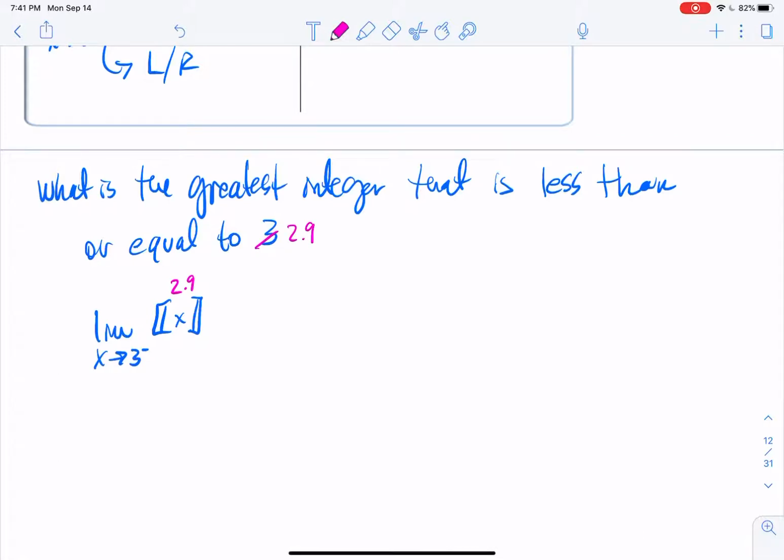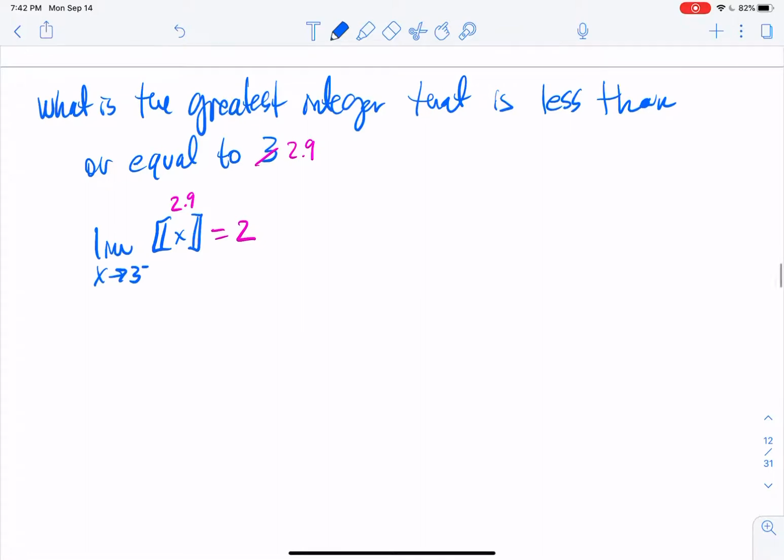What is the greatest integer that is less than or equal to 2.9? It's not 3, it's 2. Because 3 is bigger than that number, we want the greatest integer that is smaller than or equal to that number, so it's just the number 2. All right, then I'm already having a bad feeling about this.